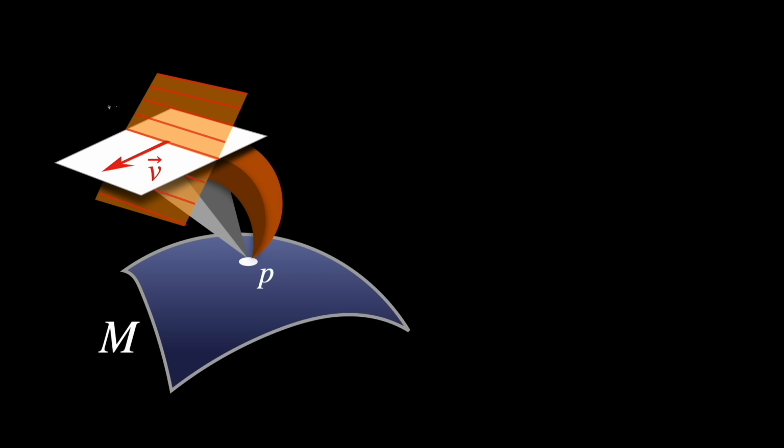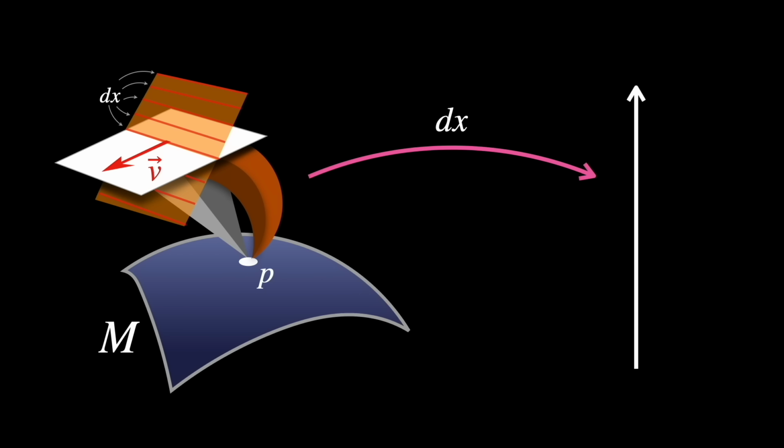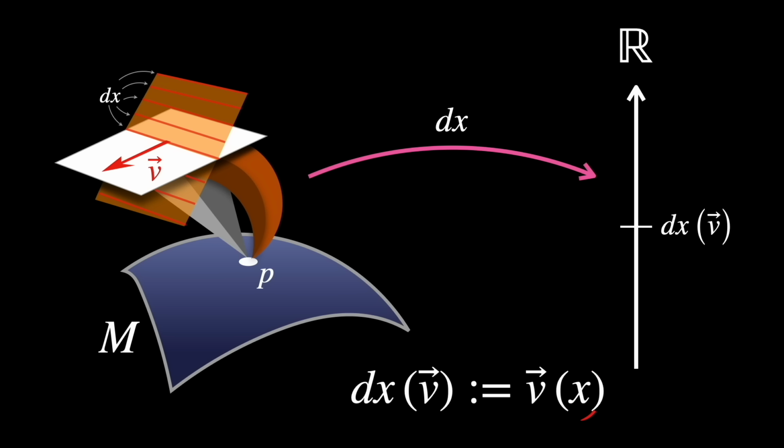This is not actually what it looks like geometrically. It's just a visual representation of the linear algebra facts that we've seen before. In differential geometry, though, dx and dy are referred to as one-forms, and therefore they act on vectors v in order to return a scalar. For dx, this scalar or number is exactly the value of the directional derivative of the function x, or f of x equals x, in the direction of the vector v.